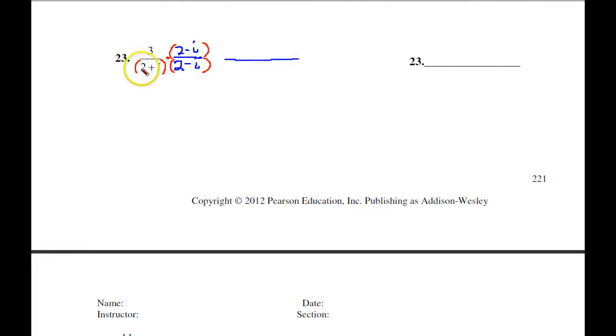So, this is going to be 2 times 2 is 4. A negative i times a positive i is a negative i squared. And we'll get back to that in a moment. And then here we get a 6 minus 3i. What do we know that i squared is? It's a negative 1. So a negative of a negative 1 makes this a denominator now of 4 plus 1, that is 5.